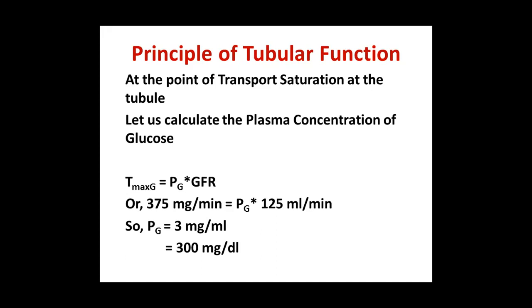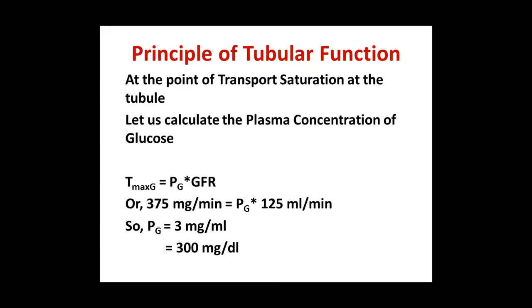So what does it mean? When plasma glucose level is 300 milligram per deciliter, or 300 milligram per 100 ml of plasma, at the tubule the transport saturation, or transport maximization, is reached.